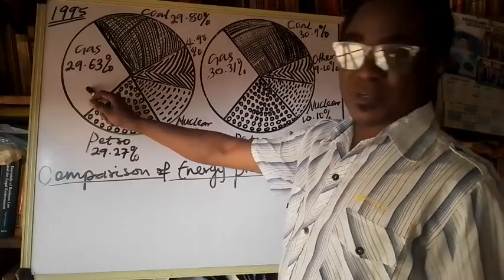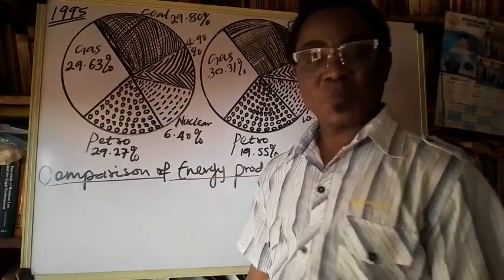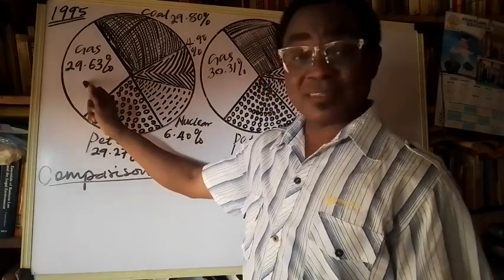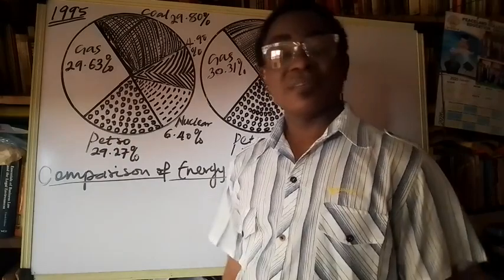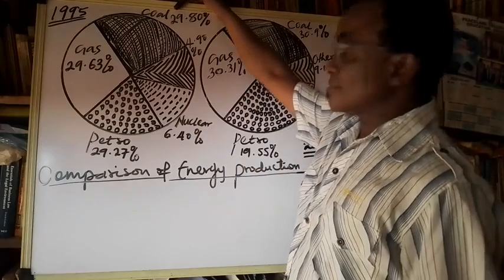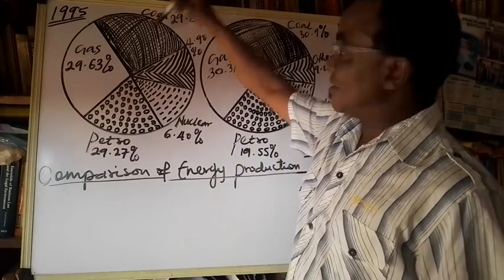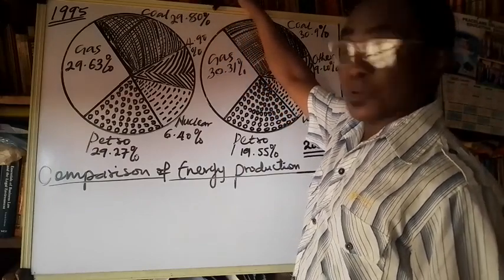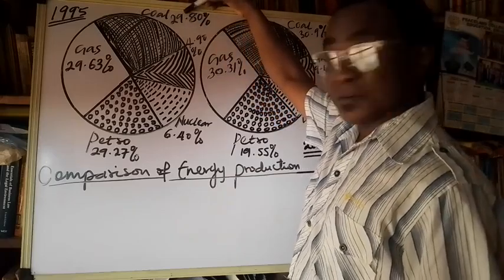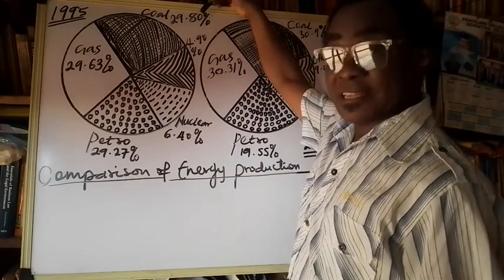The space that you can see here represents the proportion for gas production measured in percentage, 29.63%. And the space that you can see here is the proportion for coal production in the same year, 1995, represented in percentage terms, 29.80%.